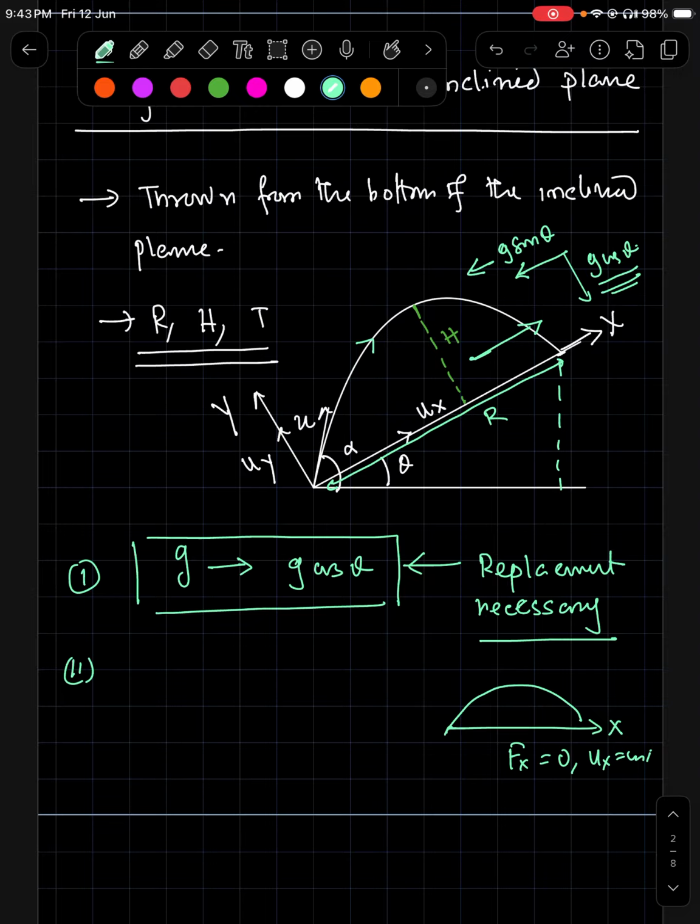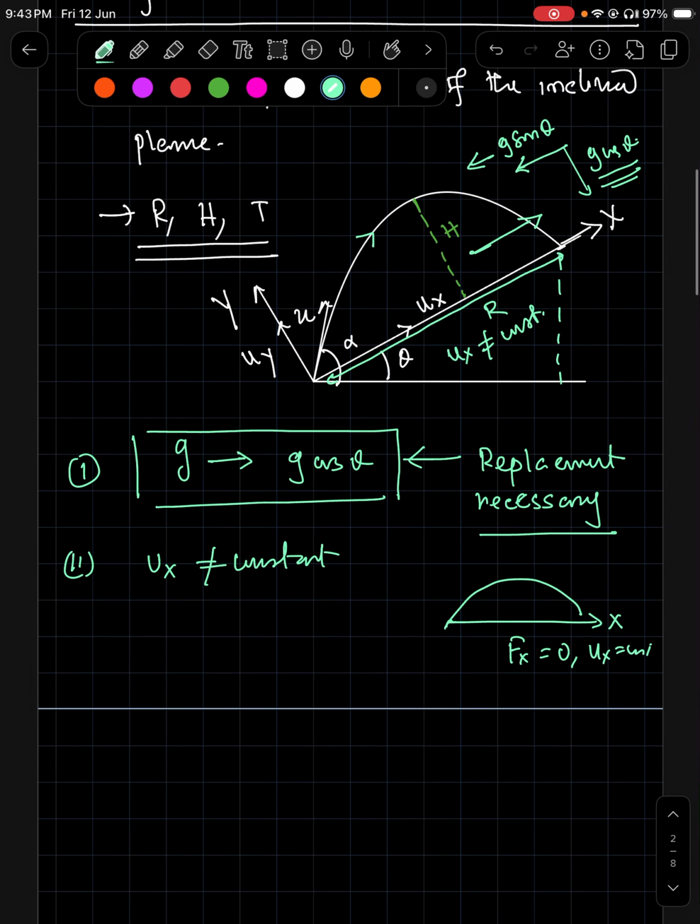So we cannot say that the component ux is constant. So ux is not equal to a constant here. And that immediately implies that ux times t, the time of flight, cannot give me the range of the particle.